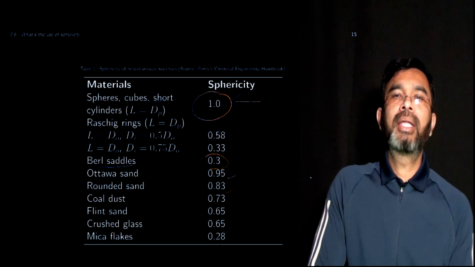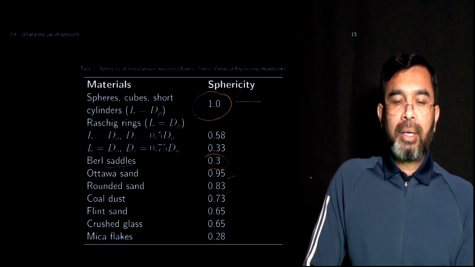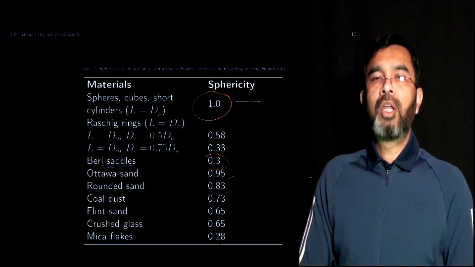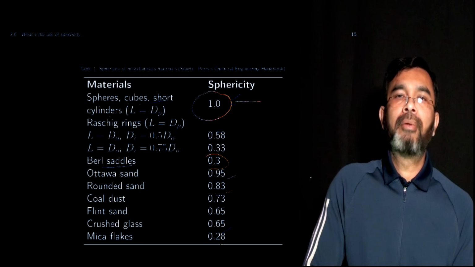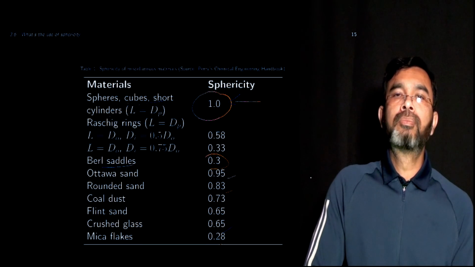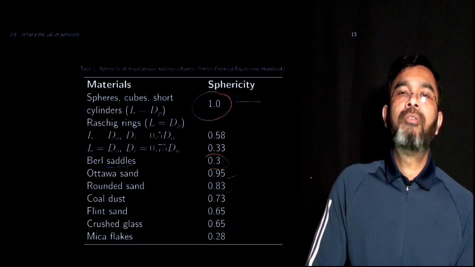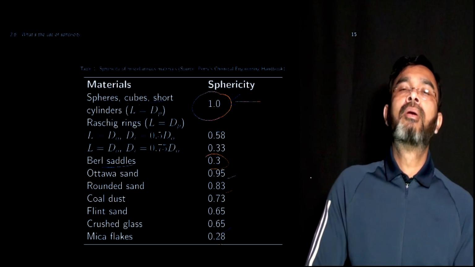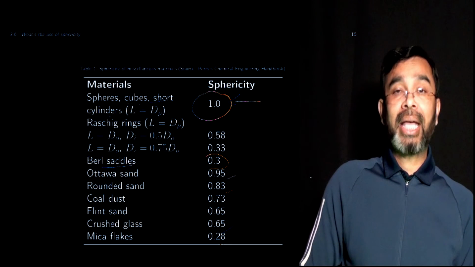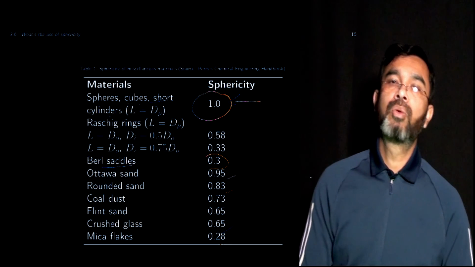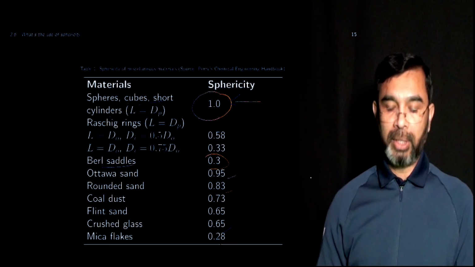This is because, as I said, for a sphere the surface area to volume ratio is the minimum of any shape of particle. That's why Sp over Vp is minimum for a sphere, and that's why the sphericity is the maximum for a sphere, which is 1. No other particle will have sphericity more than 1.